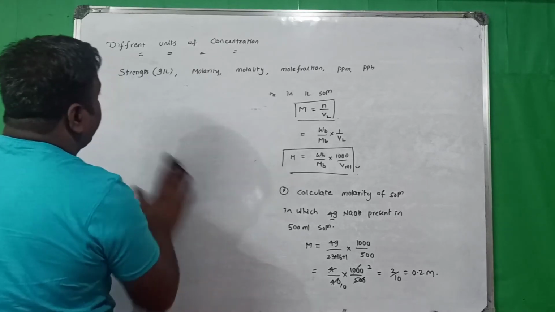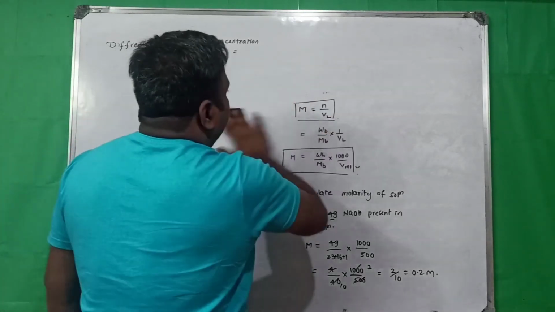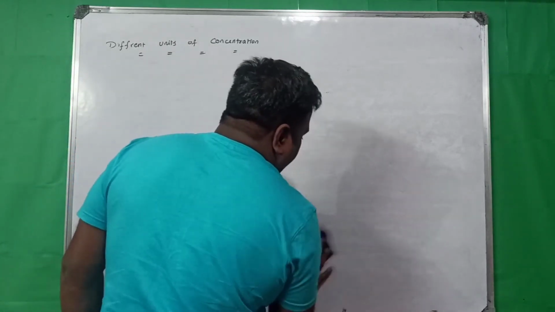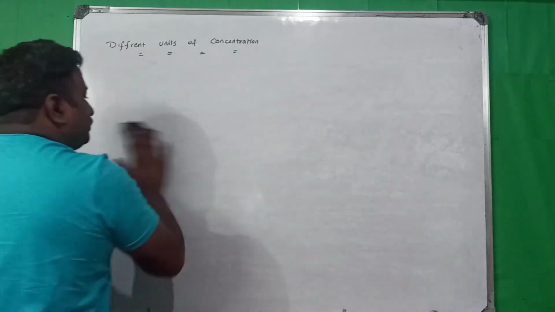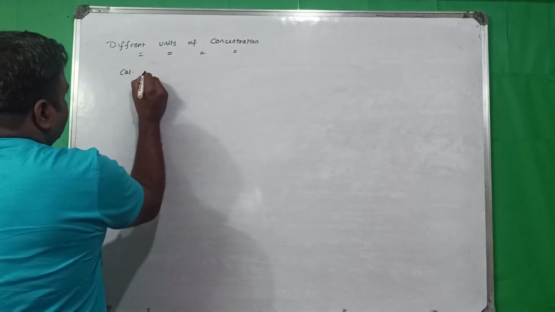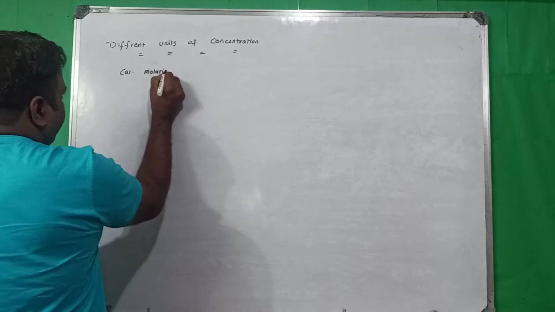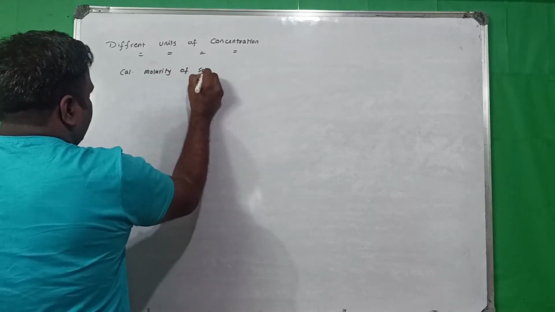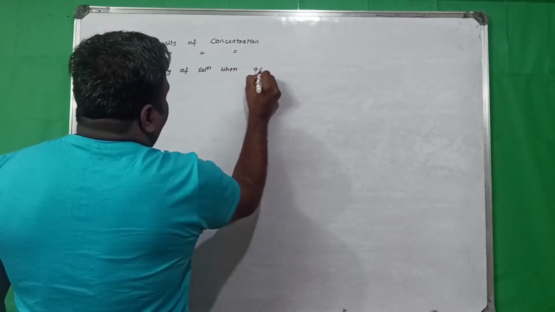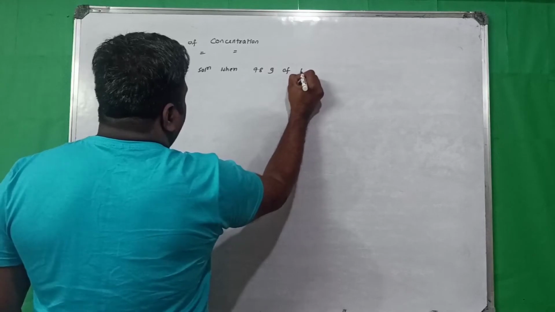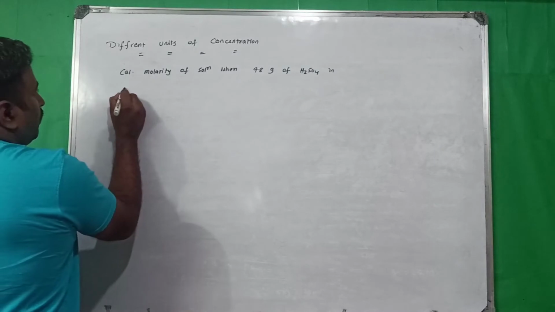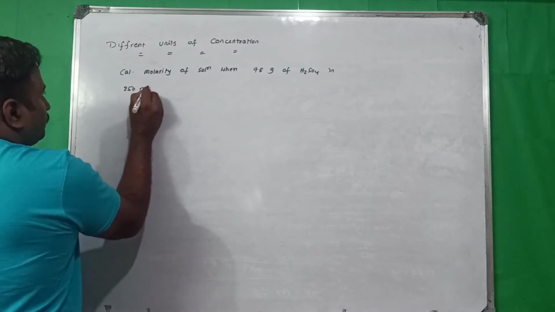Calculate the molarity of solution when 9.8 grams of sulfuric acid, H2SO4, is in 250 ml solution.